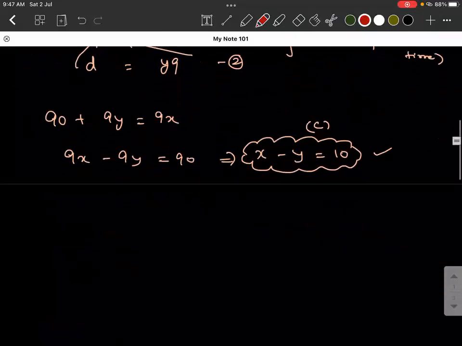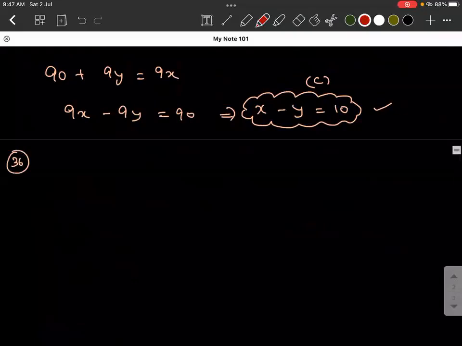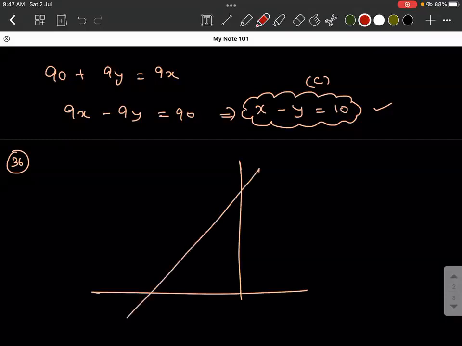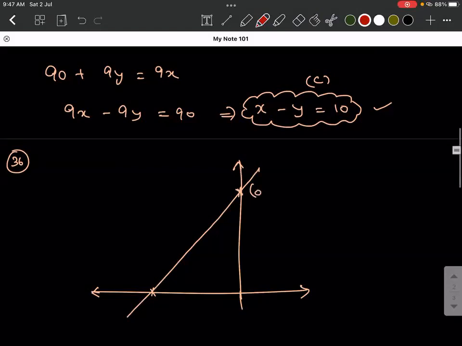Shall I proceed? Okay. So 36, what is the question? What is the equation? Now what are the equations? So what is this point? 0, 4.